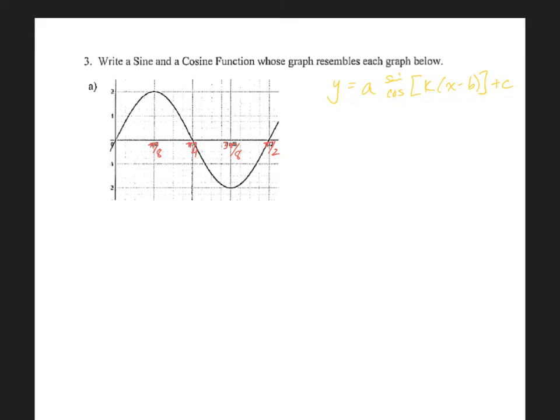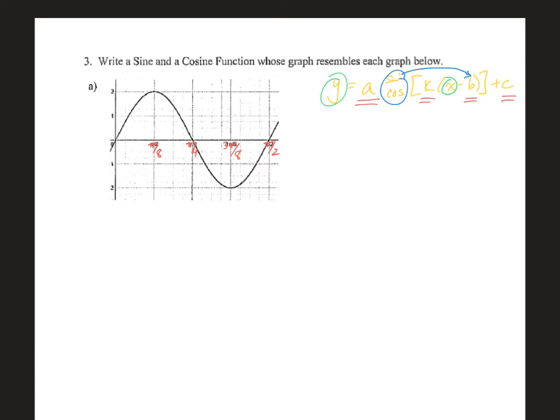So if we're able to go in and complete the components of that, we have to make a choice on sine and cos. I need to have my variables, so my y and my x in there. That means that I need to come up with an a, k, b value, and a c value to be able to complete that equation. I want to draw your attention, though, that my choice of sine or cos will impact whether I have a b value at all or what that b value is.